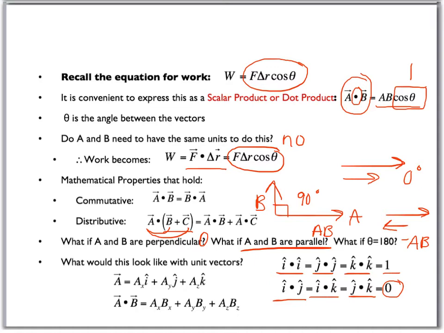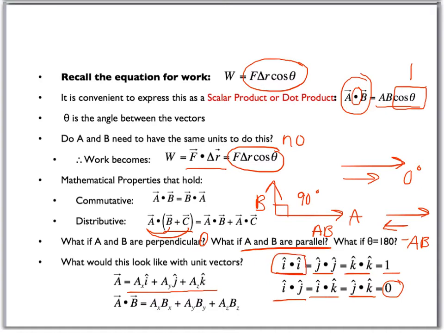Here's where unit vector notation becomes kind of nice, because if we have two vectors A and B, we could simply write A as AX times an I-hat plus AY times a J-hat plus AZ times a K-hat. We could do the exact same thing with vector B and recognize that when you dot these two vectors together, it's really only the pieces that match up that would create some sort of a value.